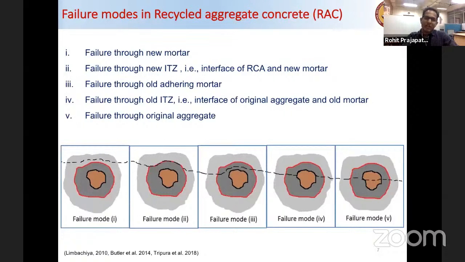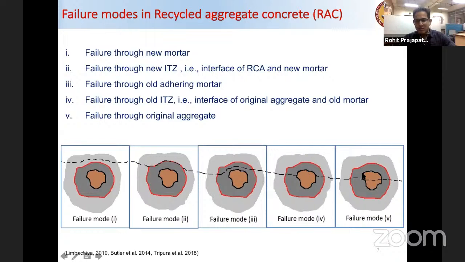If you look at the failure modes, there could be 5 failure modes in recycled concrete aggregate concrete. First, the crack could initiate through the new mortar, or at the interface of the new mortar and the old mortar, or through the old adhered mortar, or through the ITZ between the old mortar and the aggregate itself.